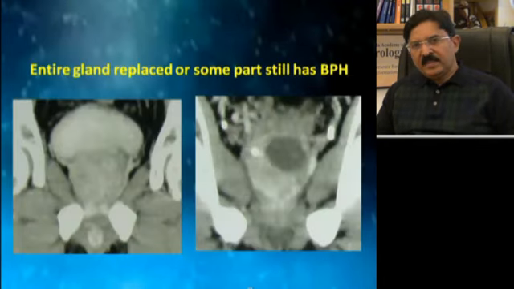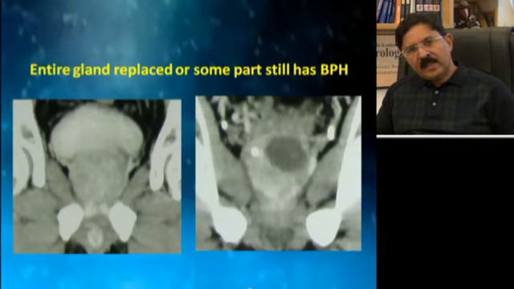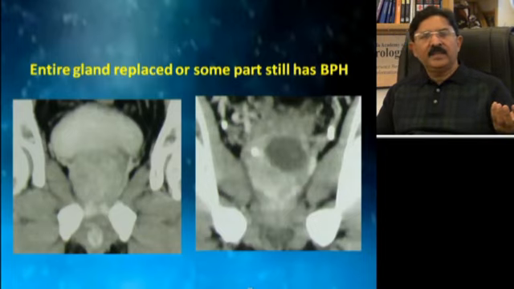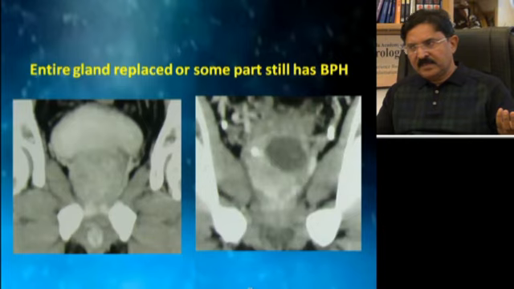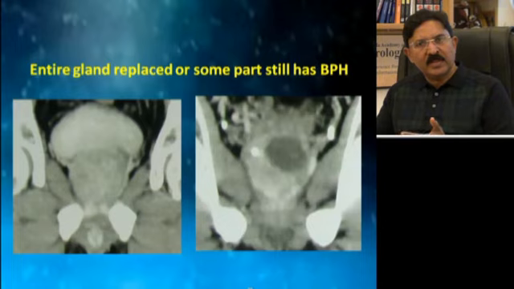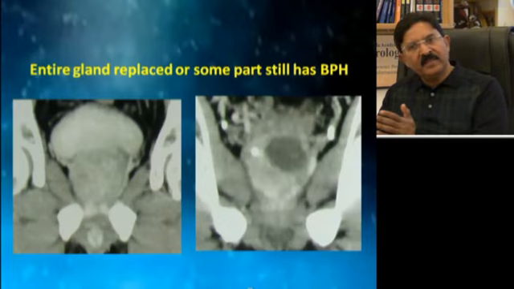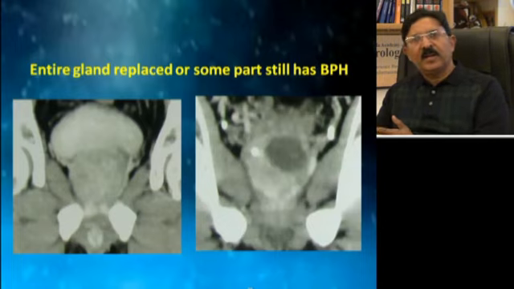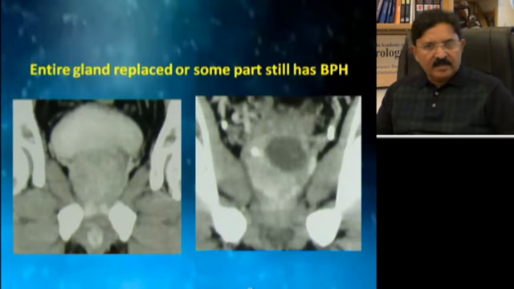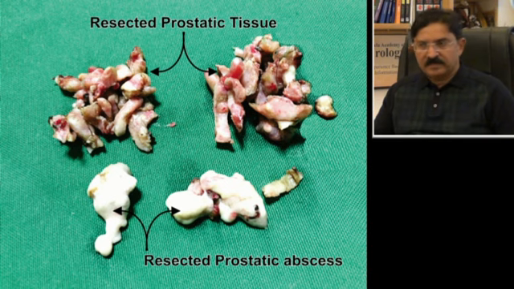You should also see whether the entire gland is replaced by abscess, or you still have BPH tissue somewhere, such as here. There is an abscess cavity just below the bladder neck, and you still have a lot of adenomatous tissue in the remaining gland. So you have to not only deal with the abscess cavity here, but also deal with the BPH part by dissection.